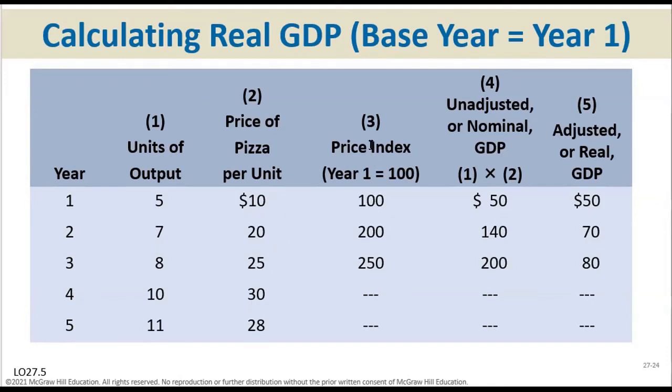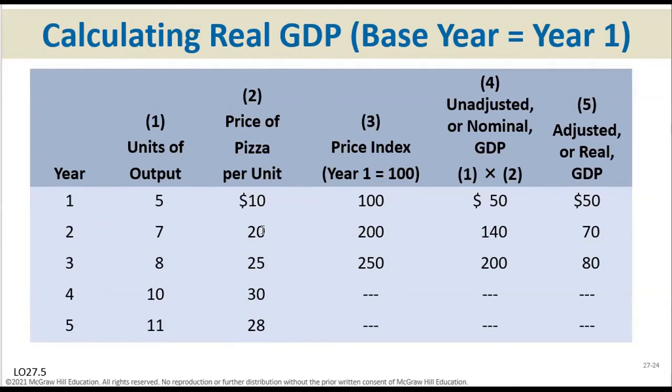So the price index here, what we say is the price of a basket in a specific year divided by the base year. This base year is year one, so it will be 10 divided by 10 times 100, right? So this 200 here is found by doing what?